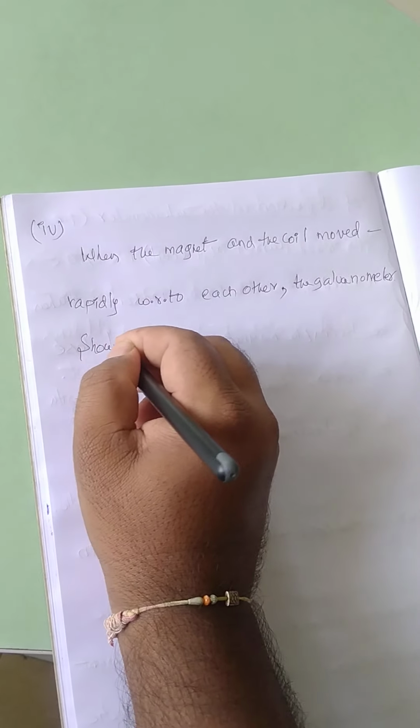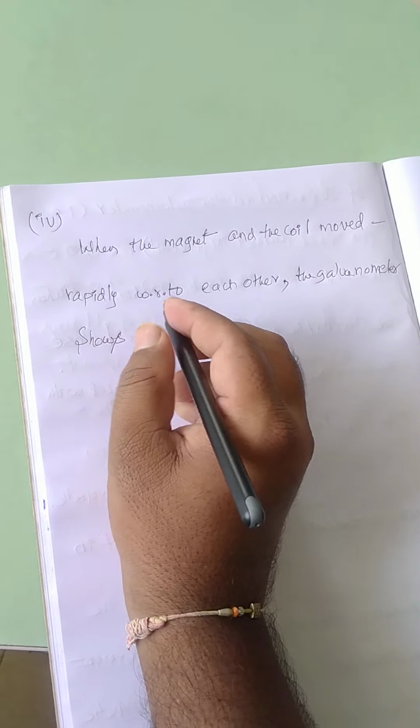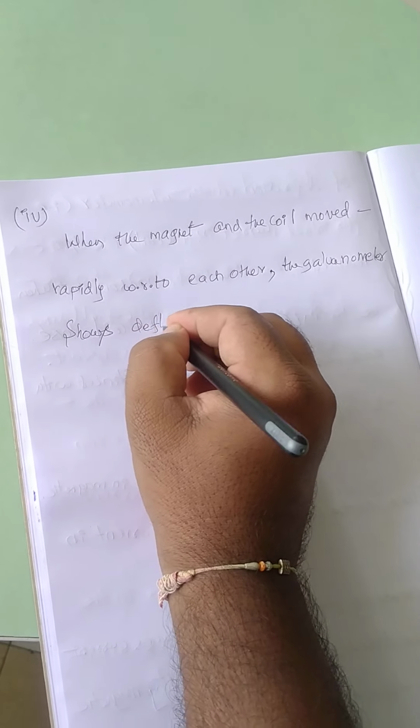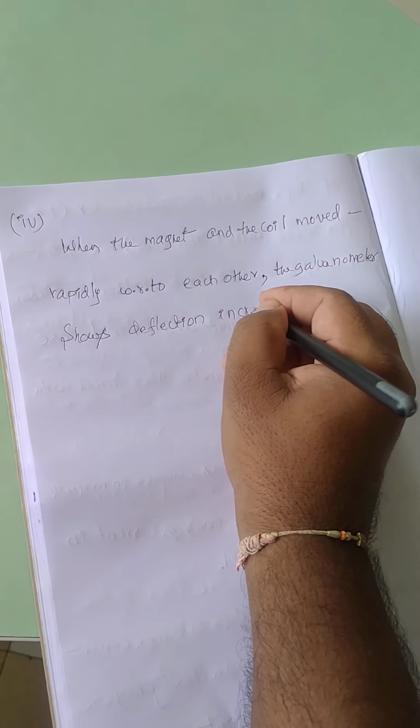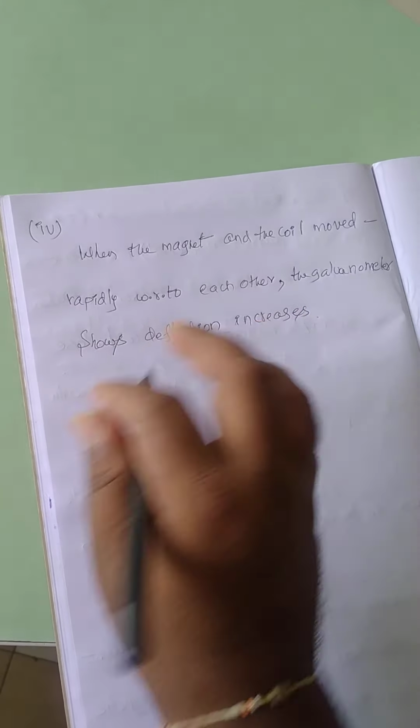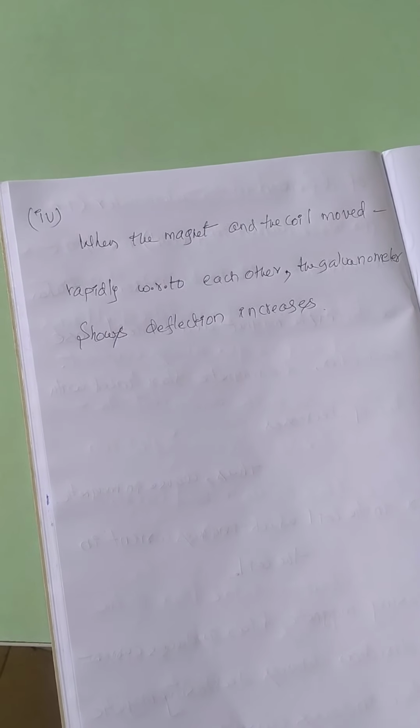The galvanometer showing deflection means there is induced current in the coil. The galvanometer deflection increases when the magnet and the coil are moved rapidly with respect to each other.